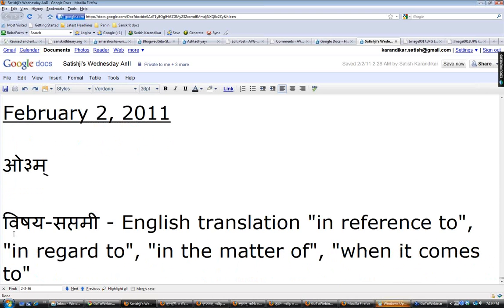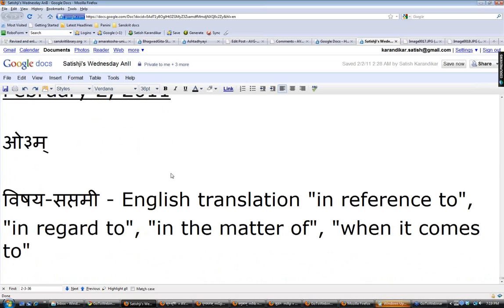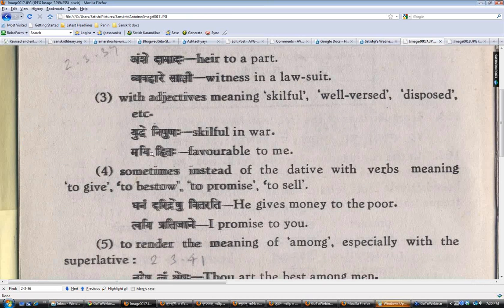So try these phrases in English, okay? So let's try. Can we fit this one over here? What we are having now is when it comes to me, he is favorable. When it comes to war, he is skilled. So I think those will fit over there.